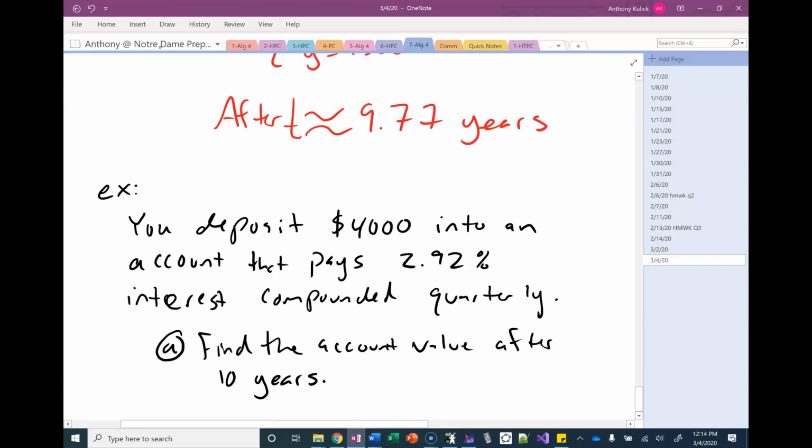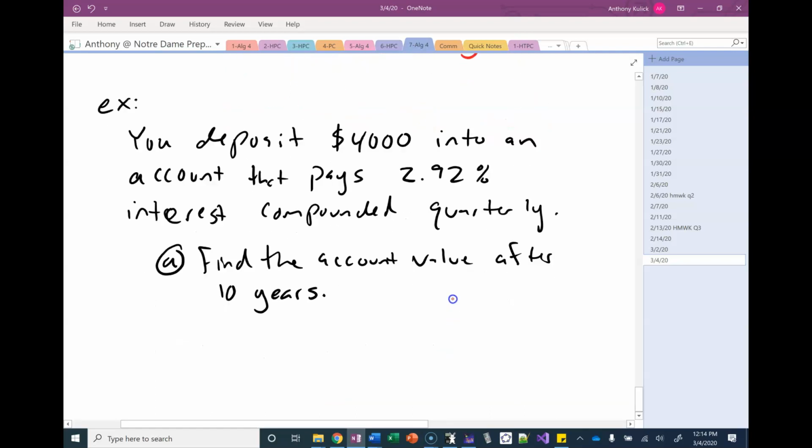So here it says you deposit $4,000 into an account that pays 2.92% interest compounded quarterly. And then we want to find the account value after 10 years.